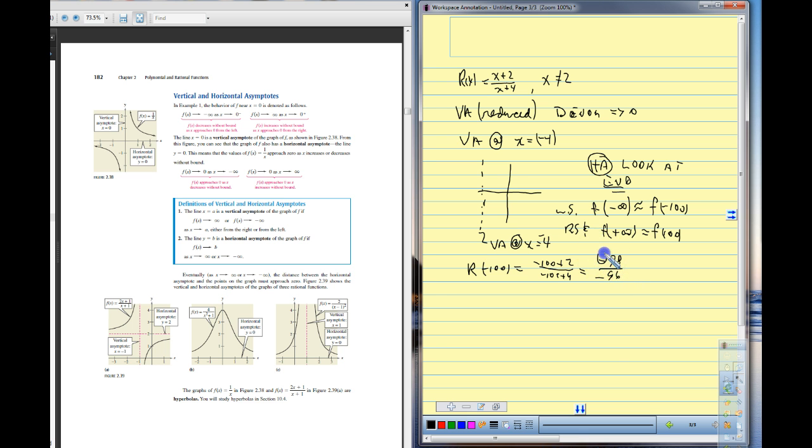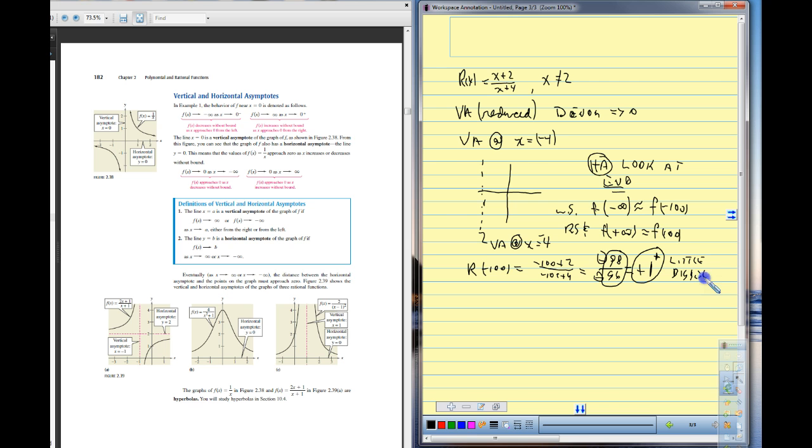Now we notice we have a negative and a negative, so our answer is going to be positive. Because 98 is a little bit bigger than 96, this is like 1, but we put a plus as a superscript, which means it's going to be a little bit bigger than 1. Not much. And as we go to infinity, it's going to be a little bigger.